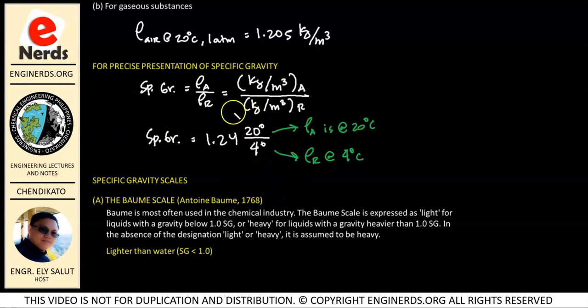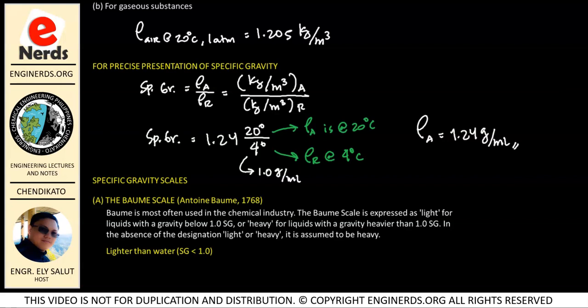So for example here, yung density ng substance natin will be 1.24 grams per milliliter because this is nearly equal to 1.0 grams per milliliter. So therefore the density of A will be equal to 1.24 grams per milliliter. Okay, so this is how we read yung specific gravity natin in different references to be precise sa ating data.